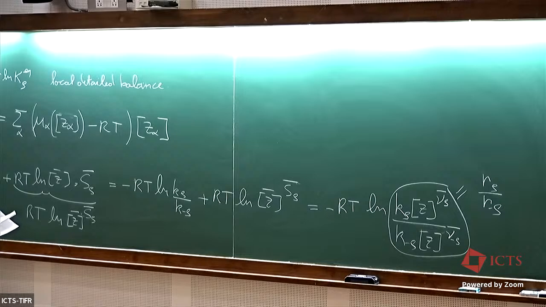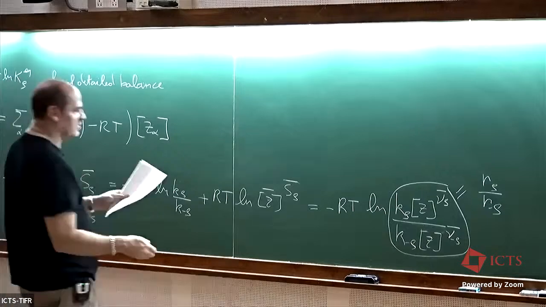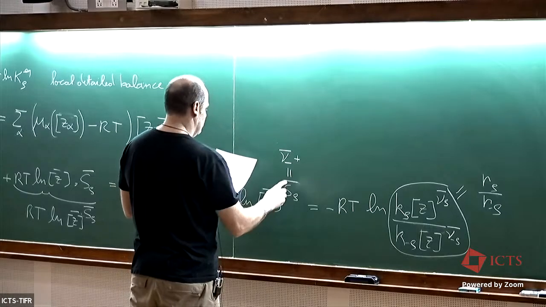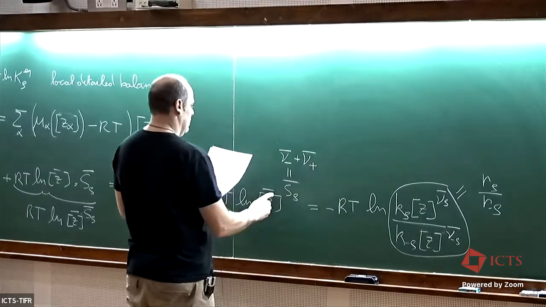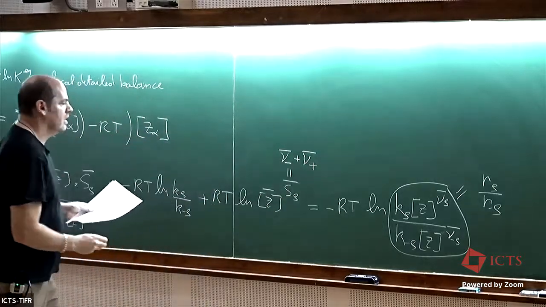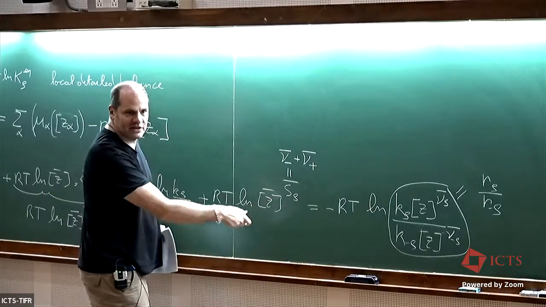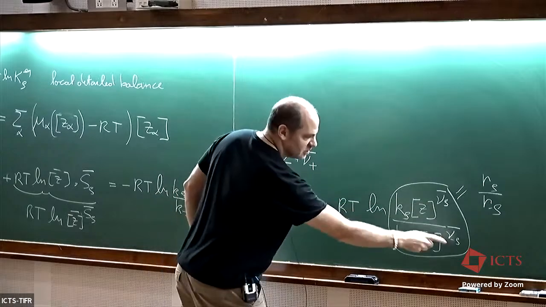There's just one thing I want to make sure. Yes, because I used the minus. I was confused. That's where my mistake comes from. Mu minus, this was by definition product over reactant. But because I put it together with the minus here, I changed the order of the fraction. That's why I was confused. So this is correct.